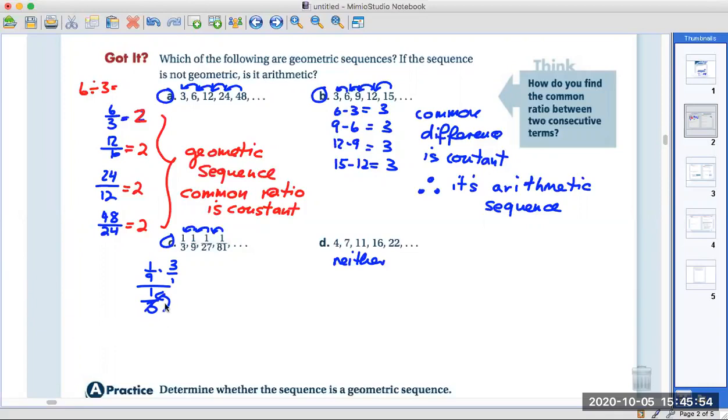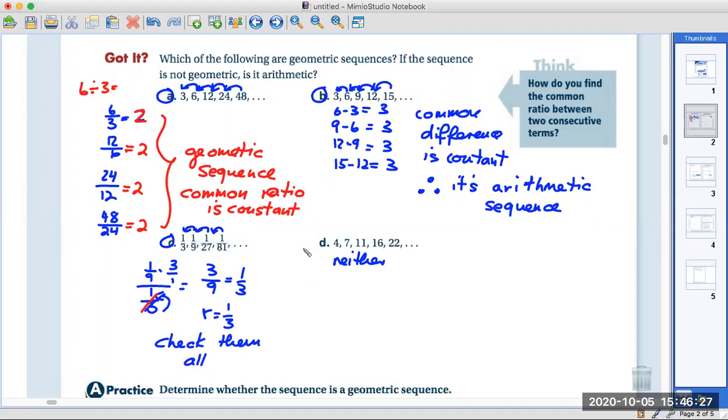And when you do that, this part goes away. So 1 times 3 is 3, 9 times 1 is 9. So 3/9 is 1/3. By the way, all of these will be 1/3. I already checked them. I'm not going to go through it. It's the same with the second and the third. Your common ratio is 1/3. I'm going to invite you to check them all, just to make sure I'm doing this right.